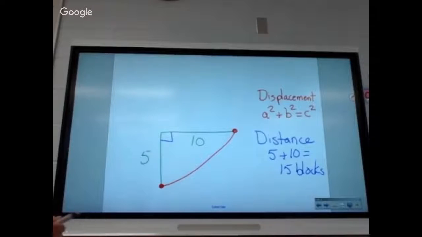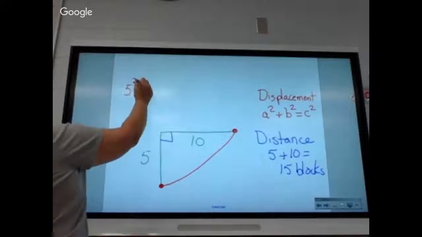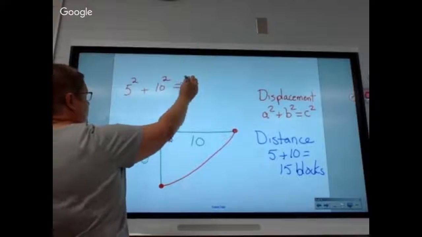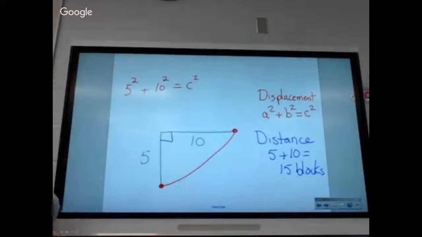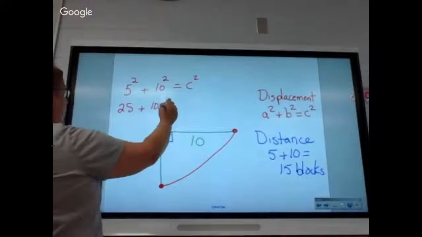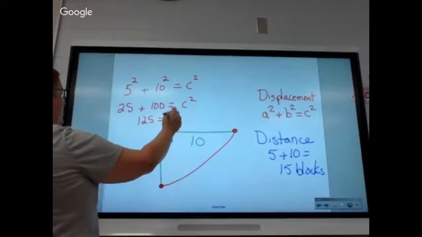That's displacement. So a squared would be what? 5 squared plus b squared would be 10 squared equals c squared. Now, like I said yesterday, if you can't do it in your head, use a calculator. If you know 5 squared, great. Plus 10 squared equals c squared. 125 equals c squared.